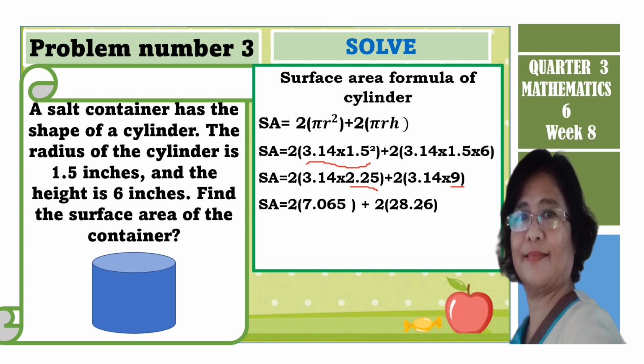Next, multiply 2.25 by 3.14, we've got 7.065. And we multiply 3.14 times 9, we have 28.26. And then multiply this one by 2. The answer is 14.13 for the two circles, and 56.52 for the circular height.